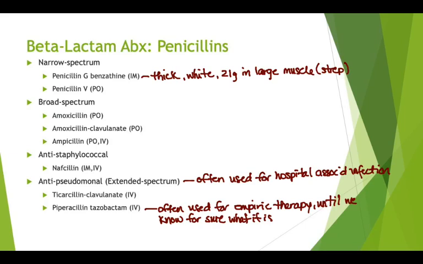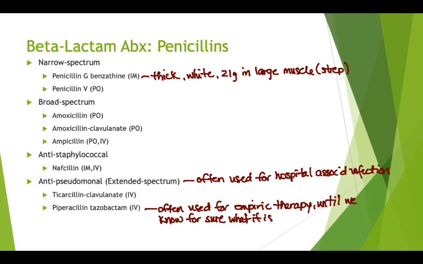Very good. It's thick, white. We have to use a 21 gauge needle, and we have to give it in a large muscle. Pen-V, penicillin V, is one that we can give PO. Those 2 are going to be your most common narrow spectrum drugs.